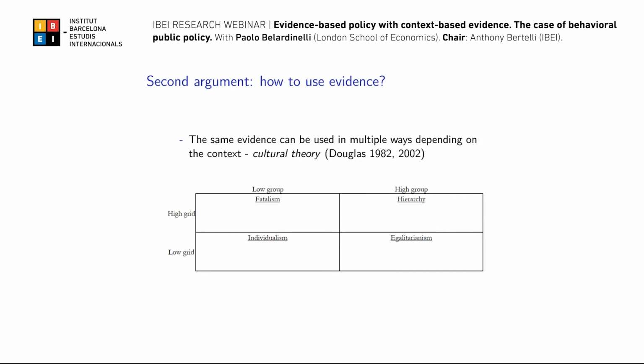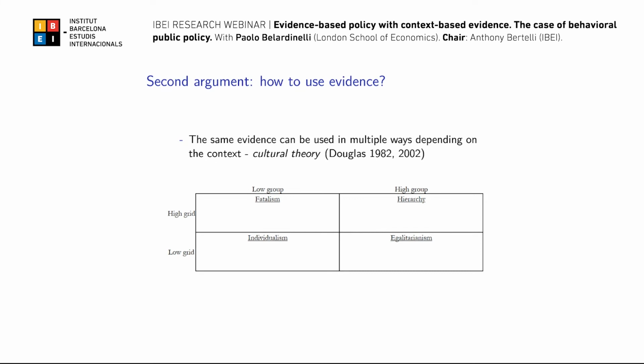You can see here when you are high on both group and grid, you have hierarchy. When you are low on grid, so basically we don't like rules, but we like group, we are egalitarian, according to Mary Douglas. Low group and low grid, it's an individualistic world.